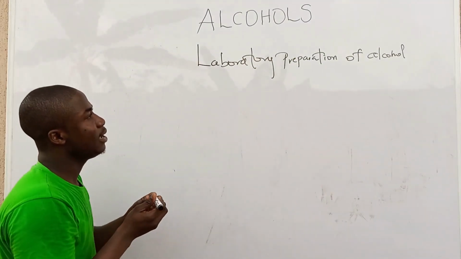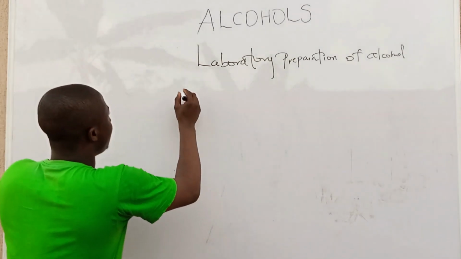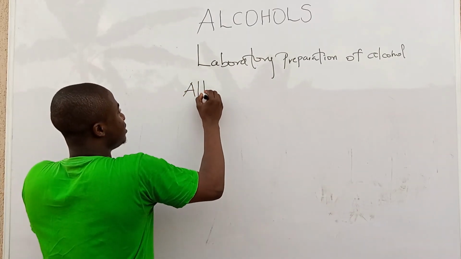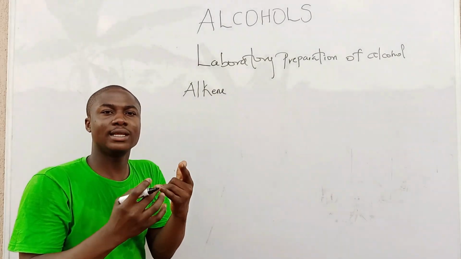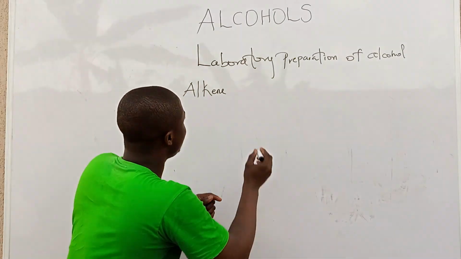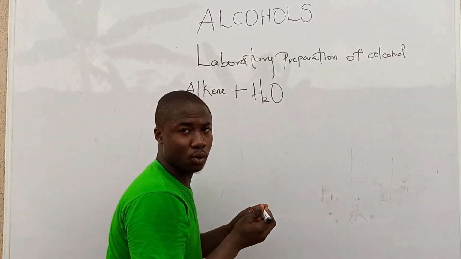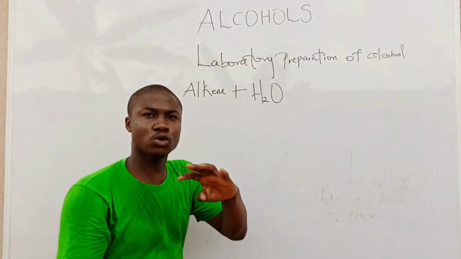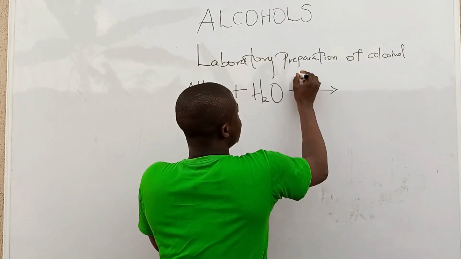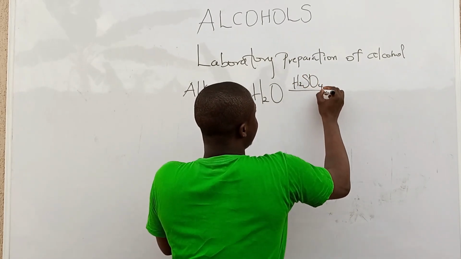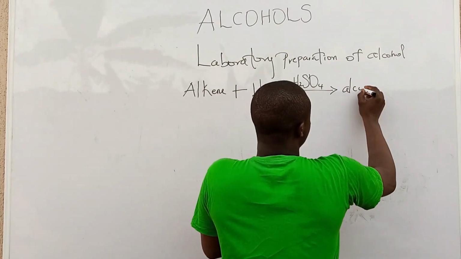Basically, alcohols are prepared in the laboratory by reacting alkenes, compounds with a double bond, with water, H2O. Take note, water is also called oxidane. In the presence of a catalyst, H2SO4, an acid, we get alcohols.